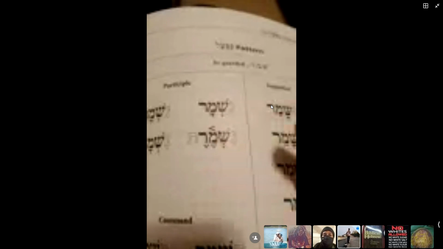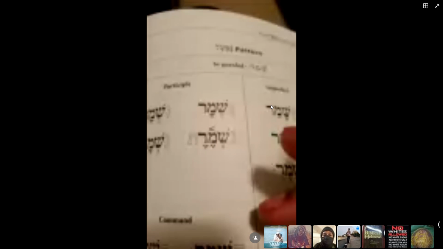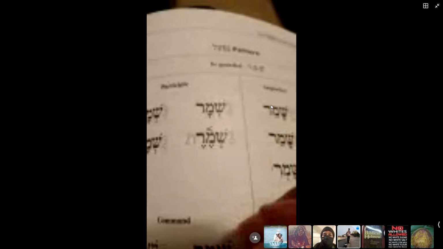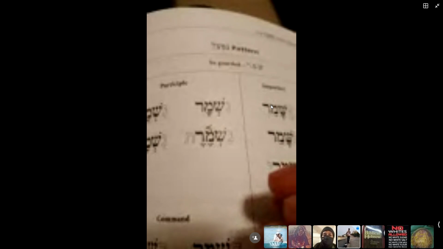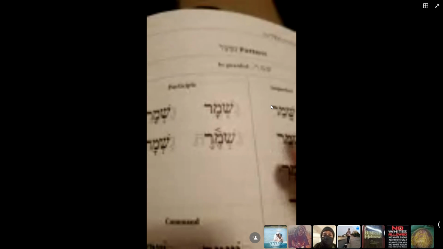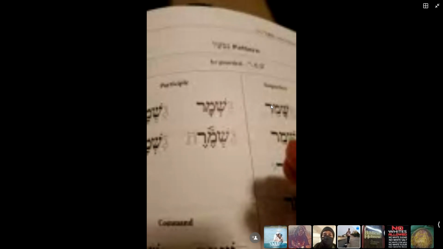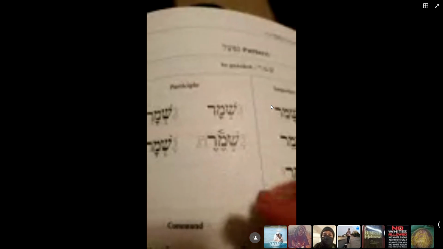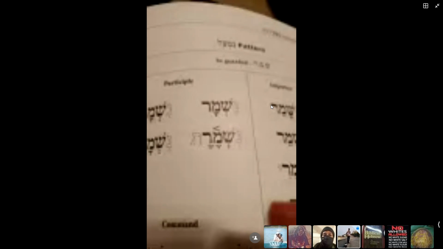You have the mem to identify present tense. For the Pa'al, you had the vav between the second and third, or between the first and second letter, depending on if you're doing active or passive. But nonetheless, you have a vav. This one is the only one that uses a nun to identify present tense.